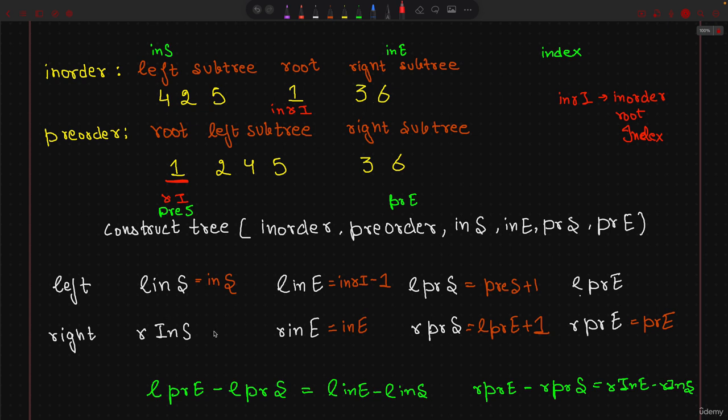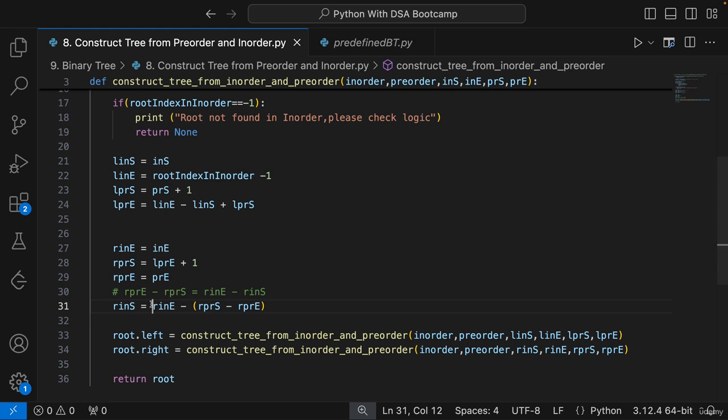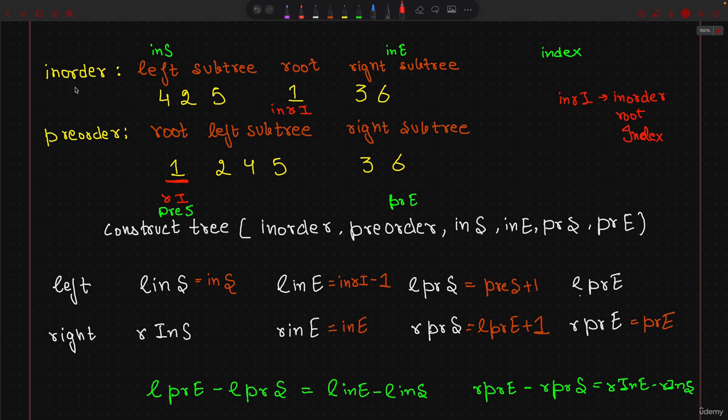Okay, for in-order. So I think that's a better way of taking this. What I'm saying is, I can just say root index plus one. This is going to give me from where my root in-order starts. So this in-order is starting from here. It is in-order root index plus one directly.